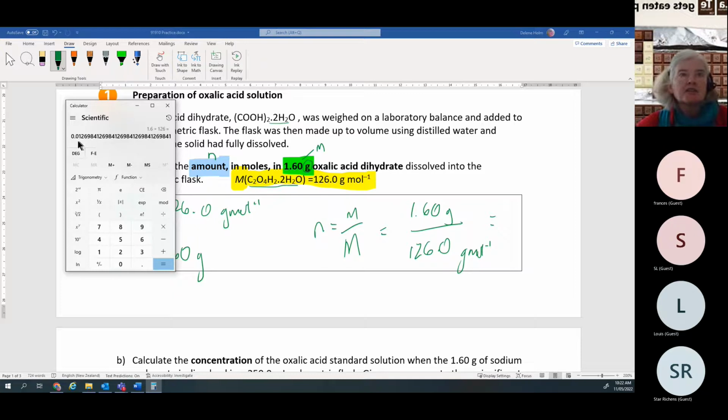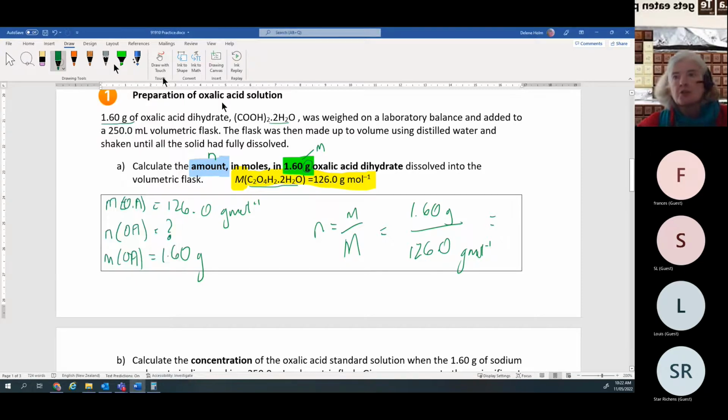So my answer is 0.012698, etc. So I'll just go 127 because the 9 being bigger than 4, it's 5 and above, the 6 next to it changes to a 7. So n is equal to 0.0127 mole.